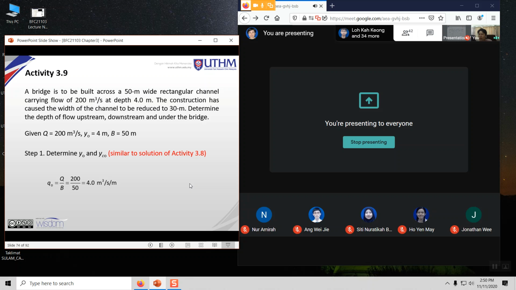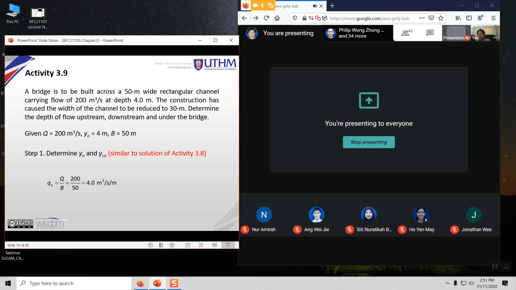Okay. Now, activity 3.9. For activity 3.9, you need to find Y1, Y3, and Y2. Now, it's the same value that I gave for activity 3.8, where you have a bridge, the width is the same 50 meter, the discharge is the same 200, the depth of uniform flow is the same 4 meter.